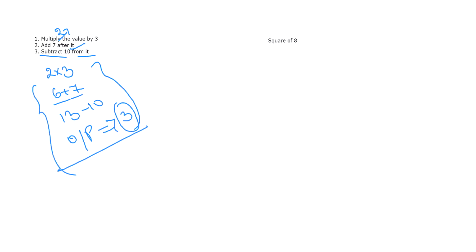After that, we add 7 and subtract 10. So 6 plus 7 is 13, minus 10, so our output will be 3. You can check your output according to this. You can write the code. I'm only explaining how to approach the question and write the code.